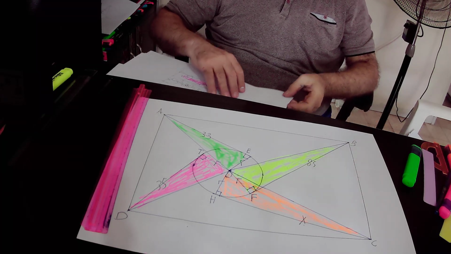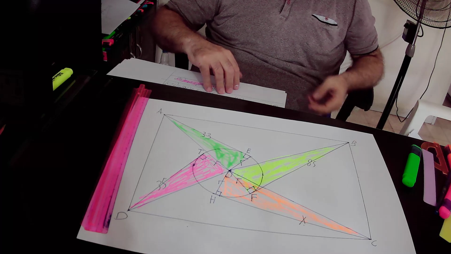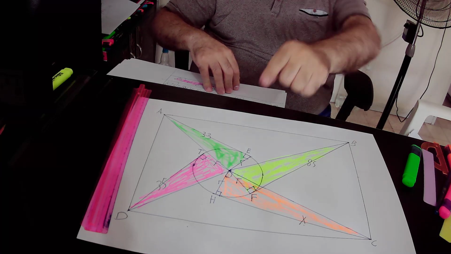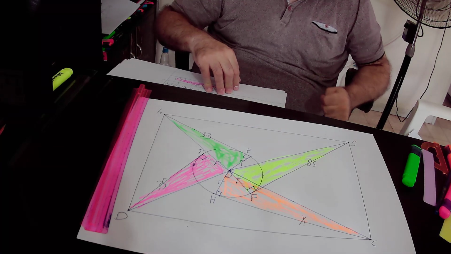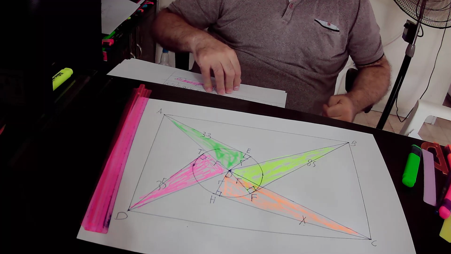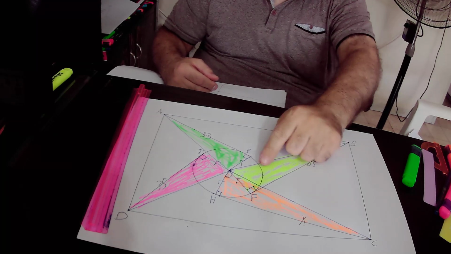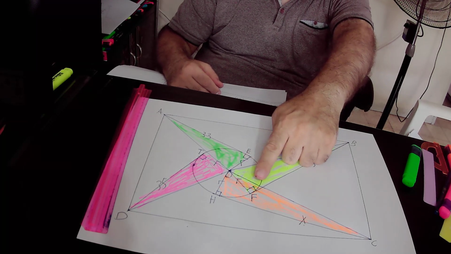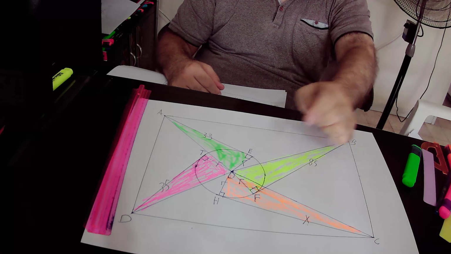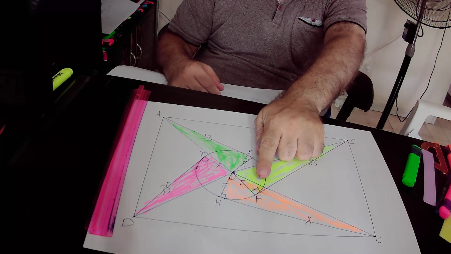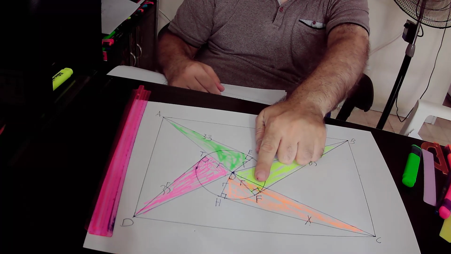Okay, so first of all, we defined the center of this circle as O. And here the radius OF is drawn to the point of tangency, therefore this angle equals 90 degrees according to rule number 1.